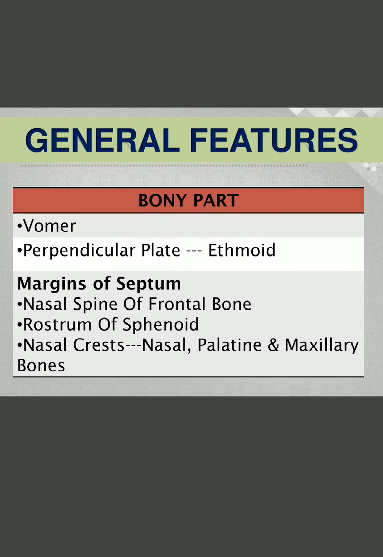So which bones participate in forming the nasal septum? These bones are the vomer, the perpendicular plate of the ethmoid, and also the margin of the septum is formed by the nasal spine of the frontal bone, rostrum of the sphenoid and nasal crests of the nasal bone, the palatine bone and the maxillary bone.